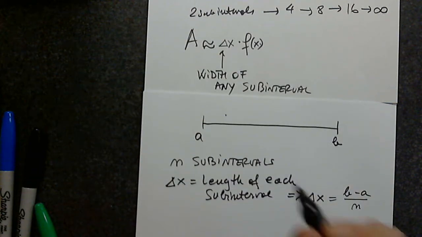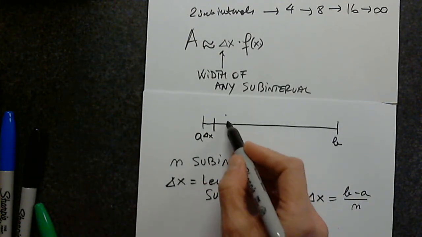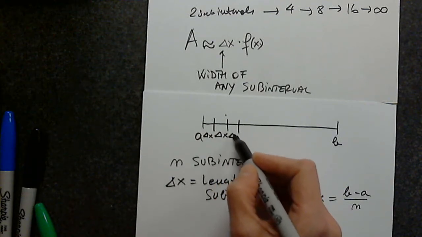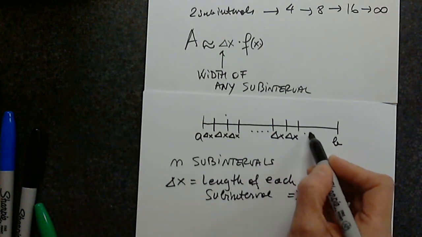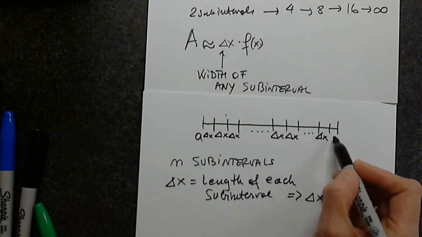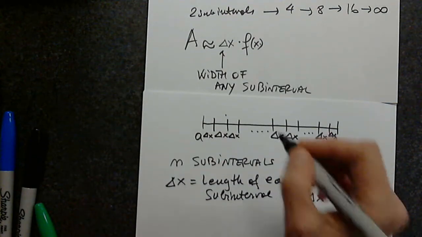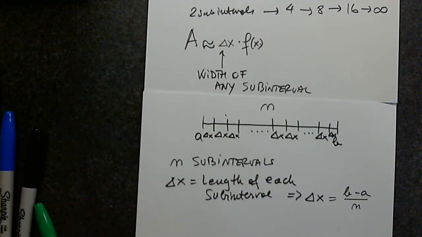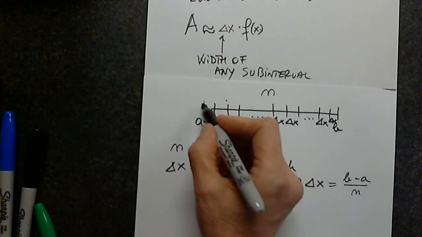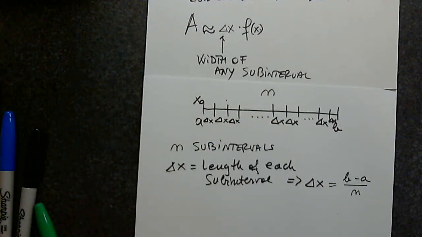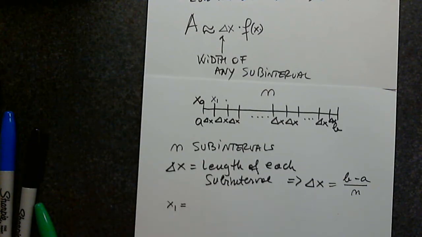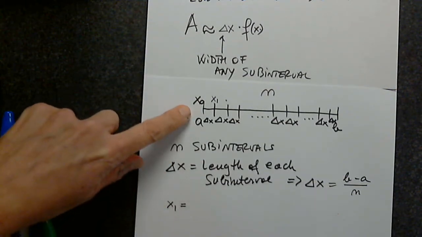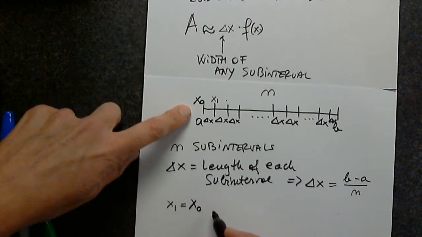Very good. So this will be delta x, this will be delta x, and so on. Delta x, delta x. How many of them? n. Very good. So if this is the initial value x0, can anyone tell us what x1 will equal?